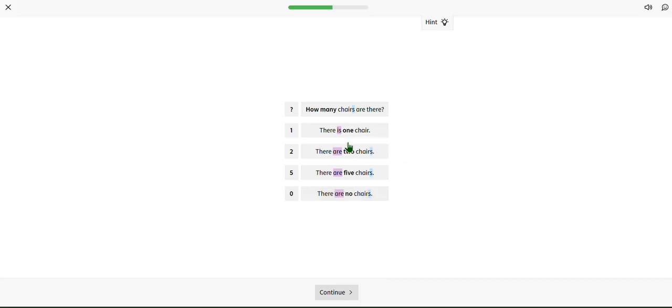So what we're looking at is when there is 1 chair or 1 item, it is: there is 1. How many chairs? Plural. Multiple. How many chairs are there? There are 2 chairs. So every time we see the S, the chairs, we're going to use the are because it's plural. More than 1.